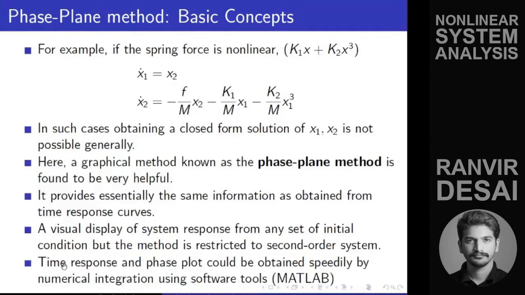Now this time response and phase plot can be obtained using MATLAB or any other software, Python or C++ or any other numerical software. So understand this. Solution finding is difficult, but you don't need a solution to get a time plot. If you just put x10, x20 in this equation and see how they evolve, you don't need to find a solution for that system.